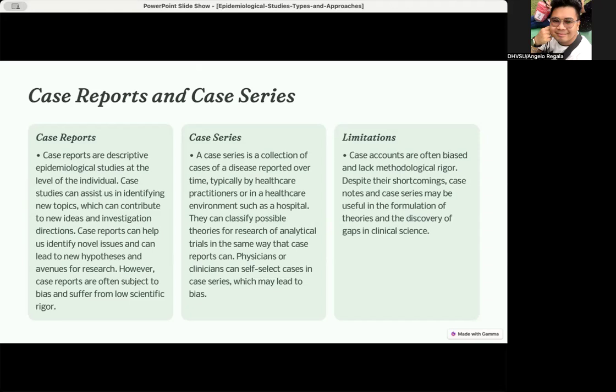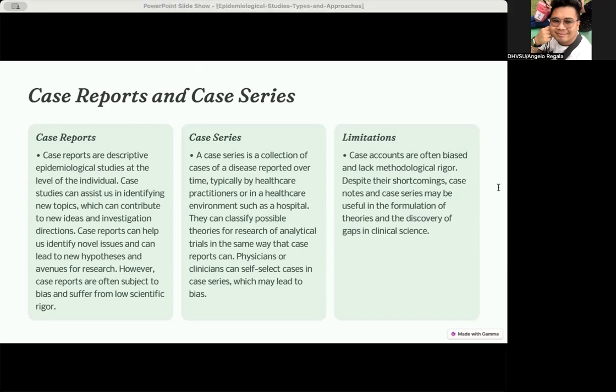Typically, as a person in the healthcare field and in environments such as hospitals, when we have a series of cases, it can be a way to classify possible theories that can be used for analytical research.